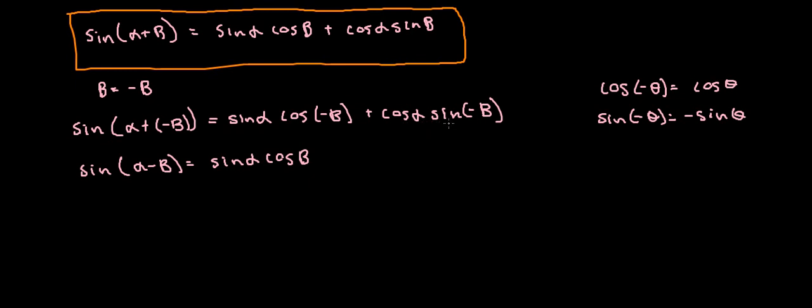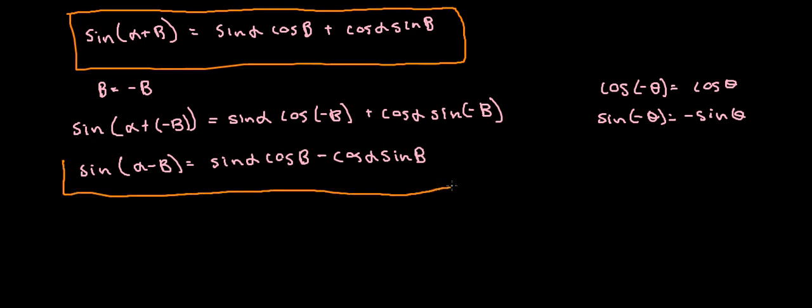And on this side, sine of minus beta is equal to minus sine beta. I'll take that minus sign and distribute it to the front of this term to give minus cosine alpha sine beta. And this is the difference formula for sine.